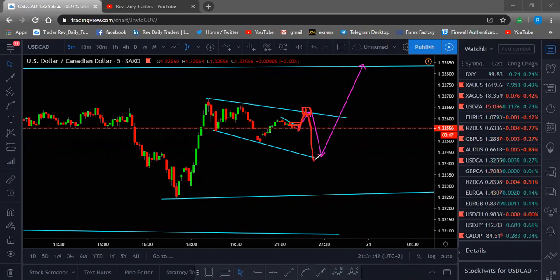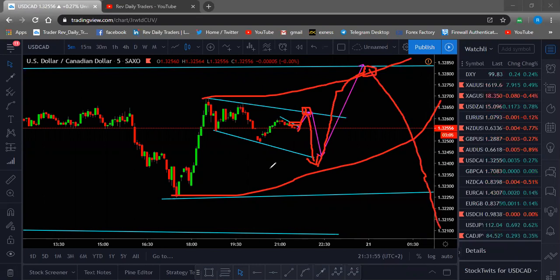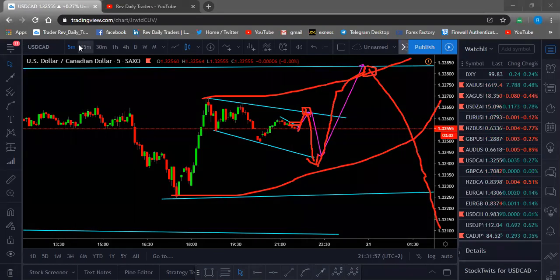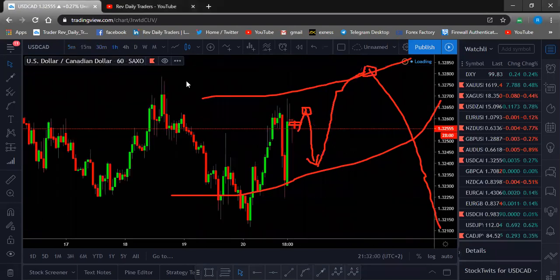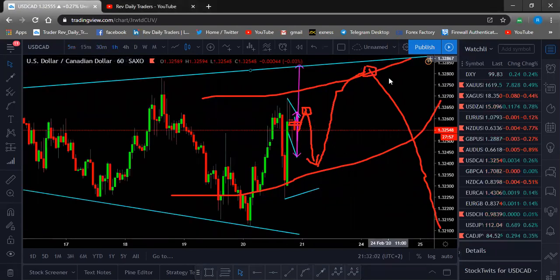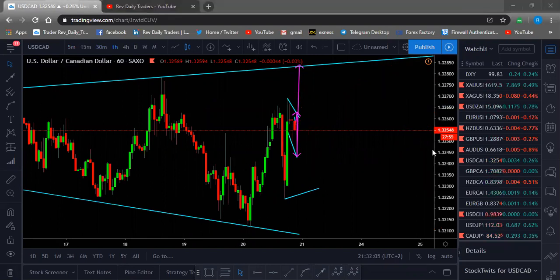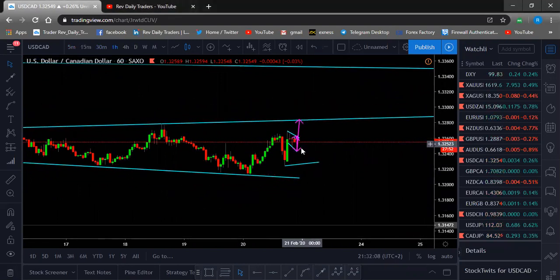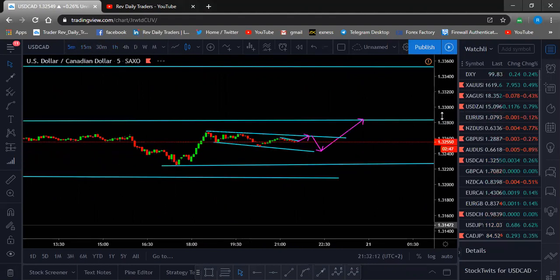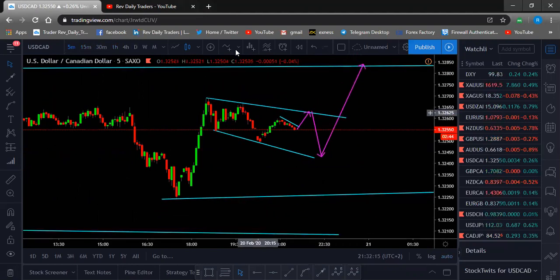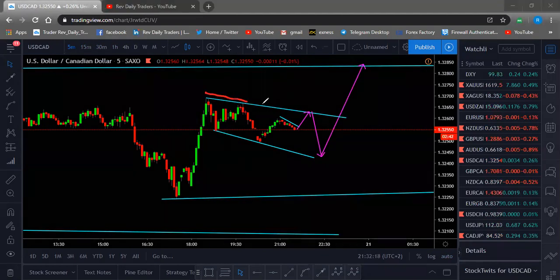So we have this one more down. Then from here, we go up. Then we'll be having this pattern to go down. We are not going down at the moment, but as I showed you on lower time frames, we are still going to complete this pattern, okay?